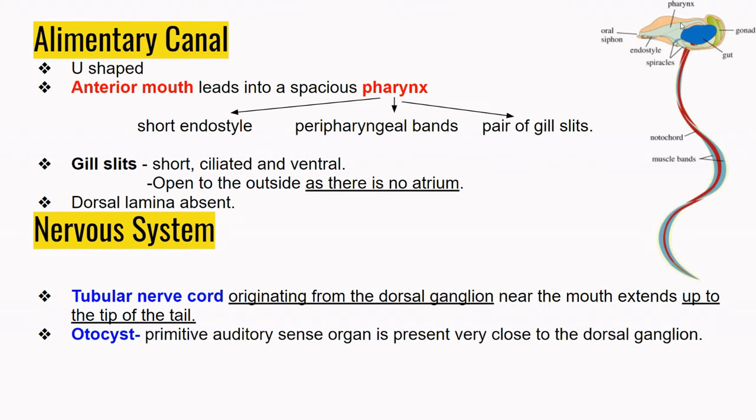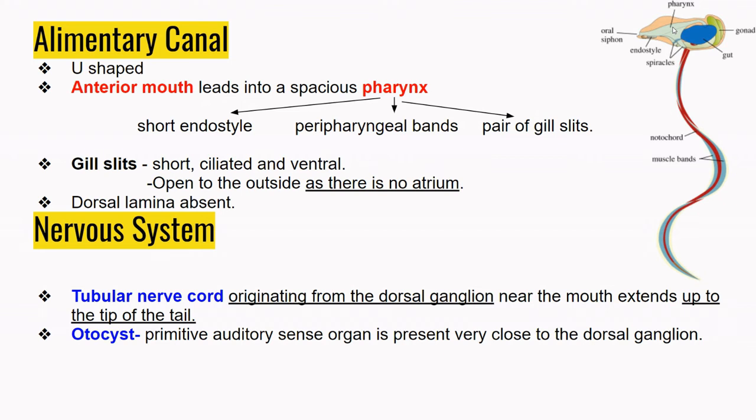And the gill slits, since we know that the class Larvaceae or Appendicularia does not have an atrium, the pair of gill slits open directly to the exterior. The gill slits are short, ciliated, and ventral in position.